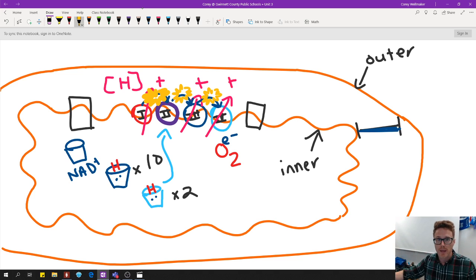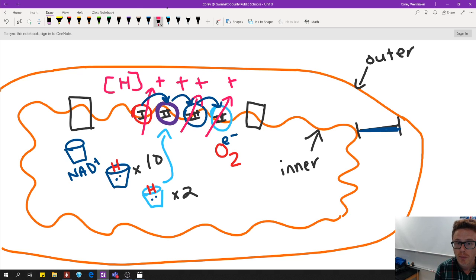They just bump down the flight of stairs. I don't want to fall downstairs, but I would rather bump downstairs than drop 20 feet, right? So you're letting the electron lose little bitty packets of energy, and these packets of energy are captured by these protein complexes to pump hydrogen ions into the intermembrane space.